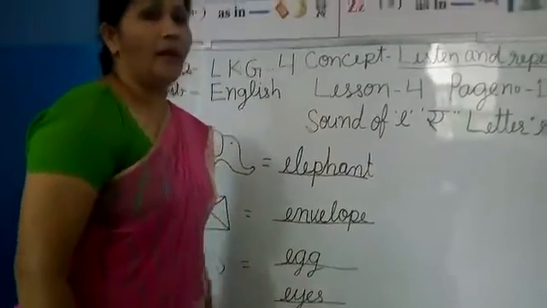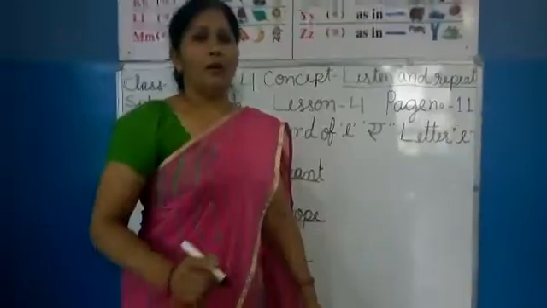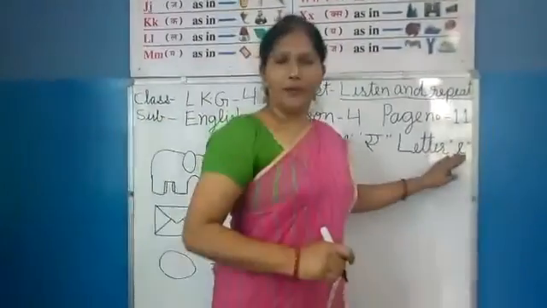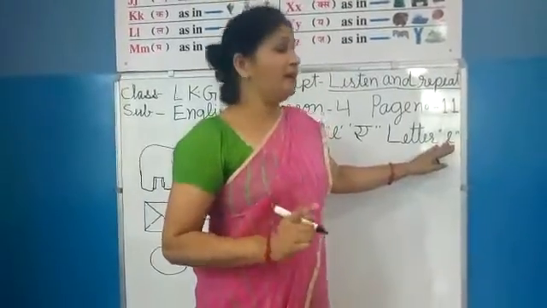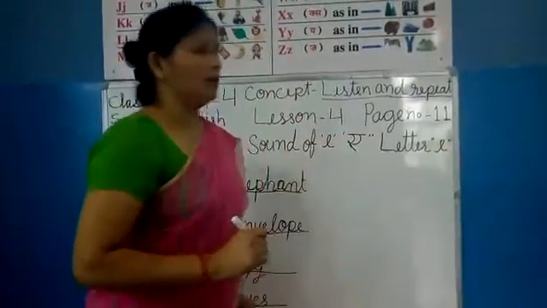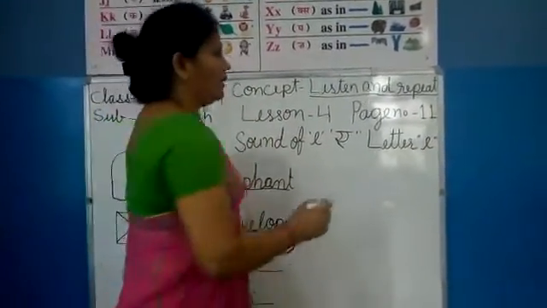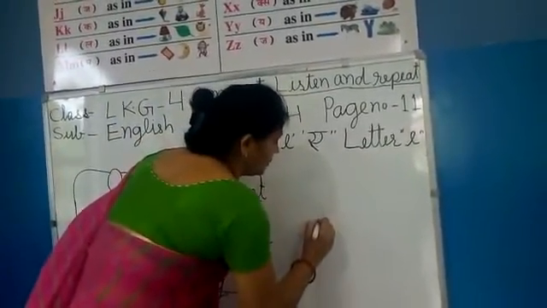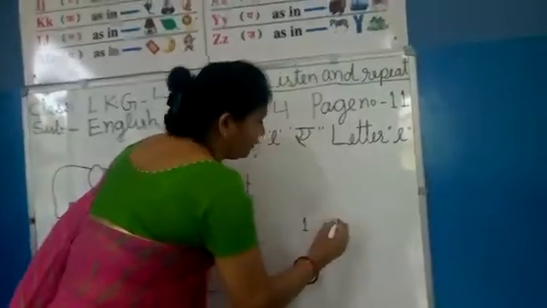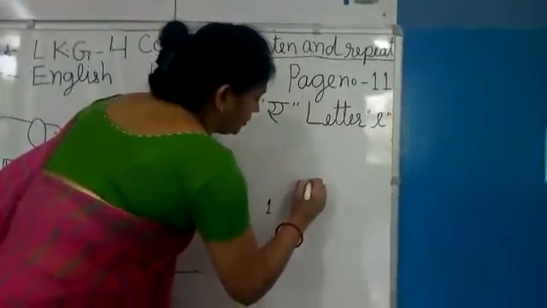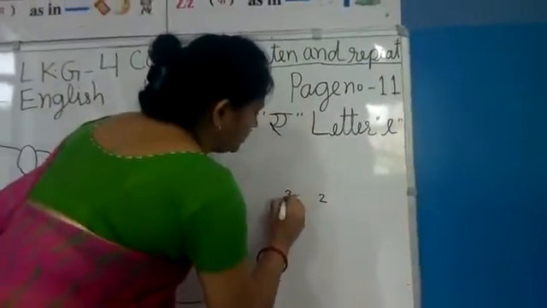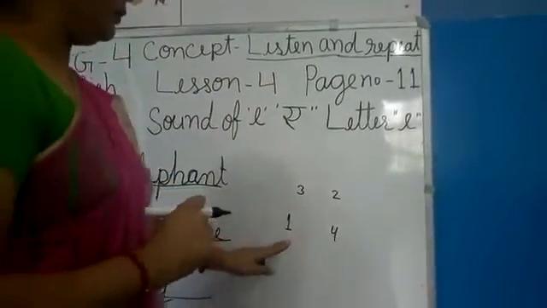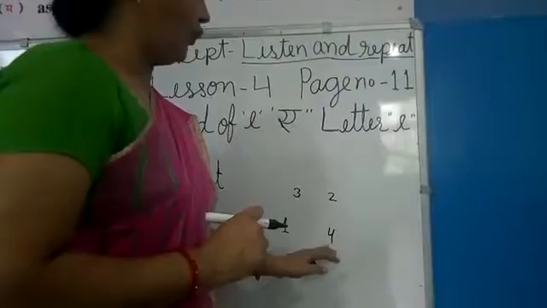Now we will learn how to write cursive letter E. First of all, practice. Number 1, 2, 3 and 4.